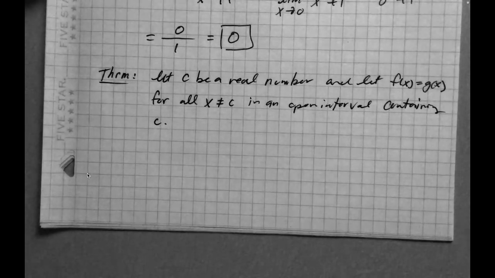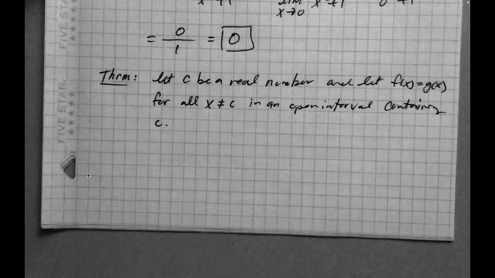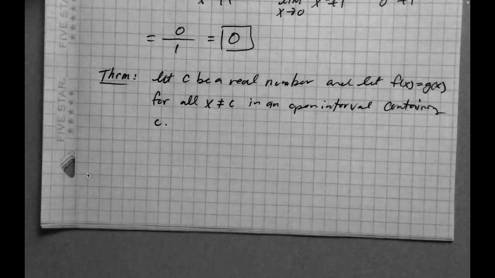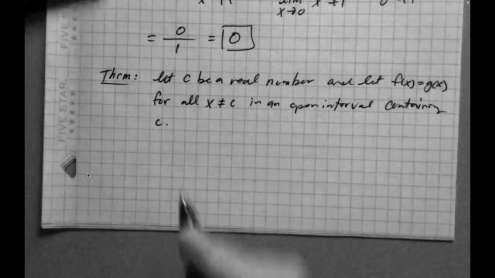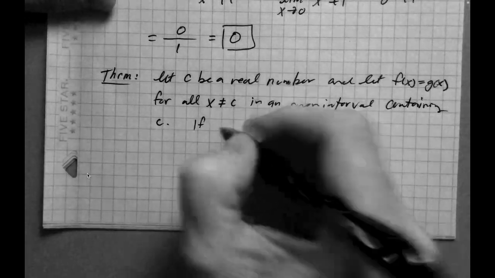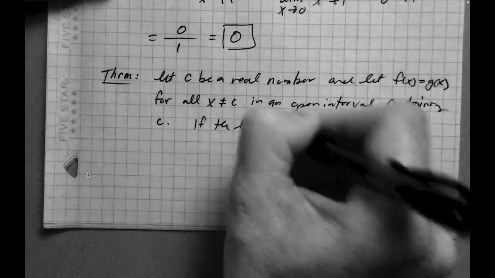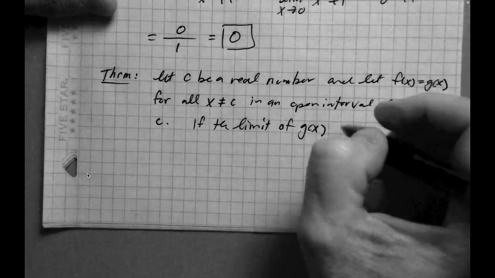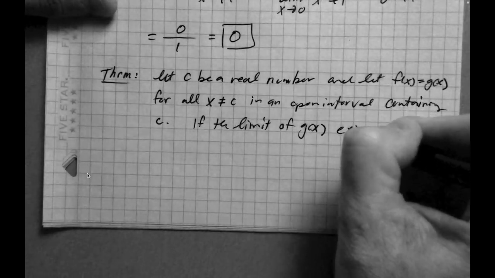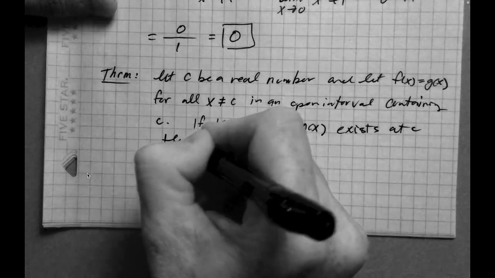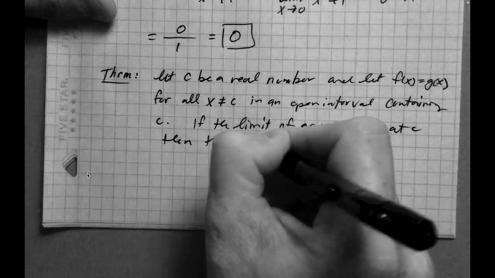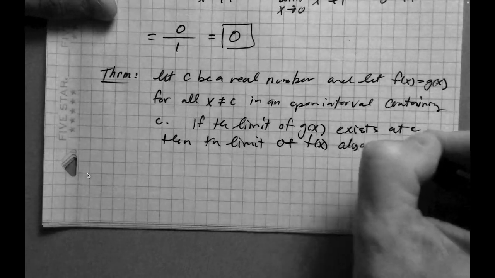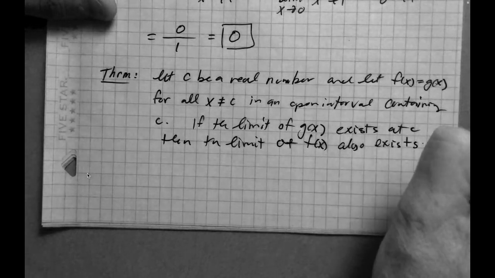Okay. So what's the idea here? Well, the idea is that you've got two functions, f and g. They're basically everywhere equivalent except at a real number c, right? And so what we can say is that if the limit of g exists at c, then the limit of f also exists at c.